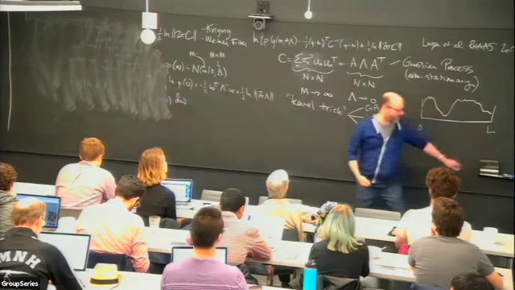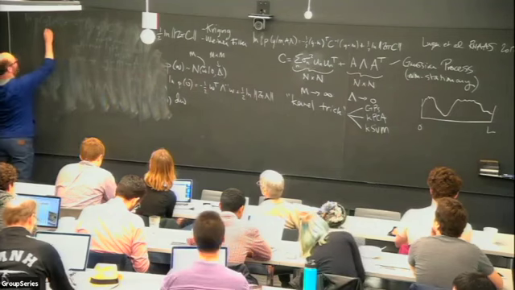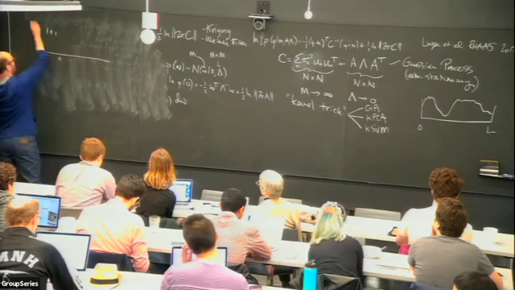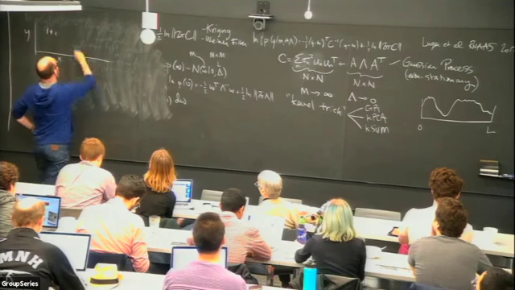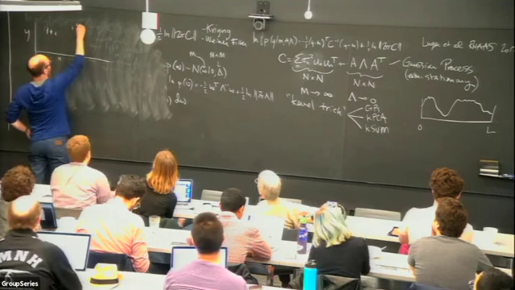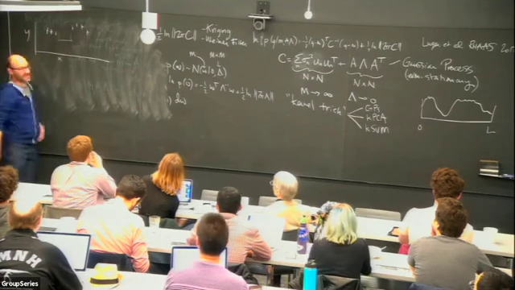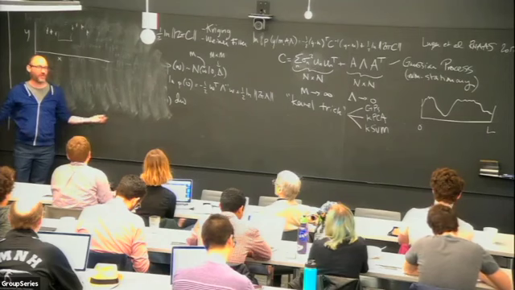Let's talk about how they're used in astronomy. Here's one kind of use. I've taken some data. Here's X, here's Y. This could be time, this could be brightness. And I have some data points, and I want to make a prediction for what happened here. That's a problem that might be called interpolation.